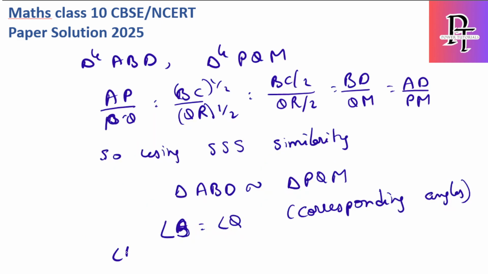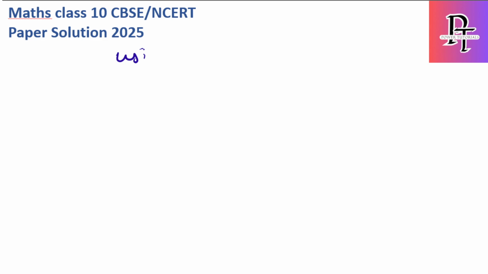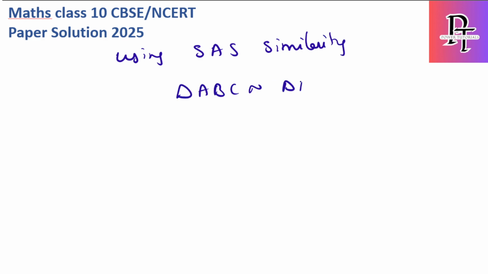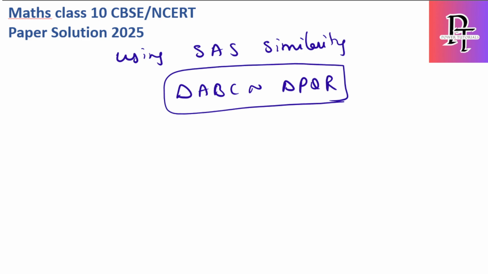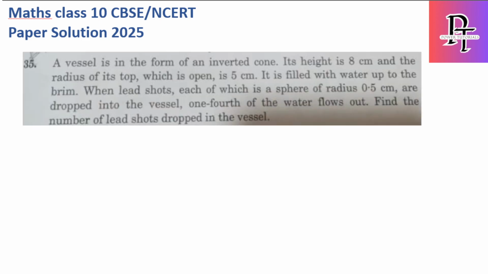That is angle B is equal to angle Q and AB by PQ is equal to the bottom side, which is BC by QR. So here, using SAS similarity, triangle ABC is similar to triangle PQR. Okay, this is an easy question. I think most of you have solved this because it is a direct NCERT question.